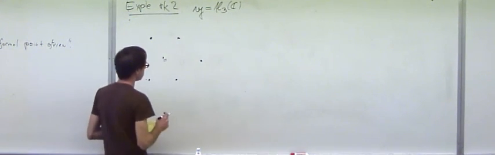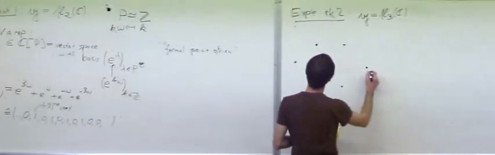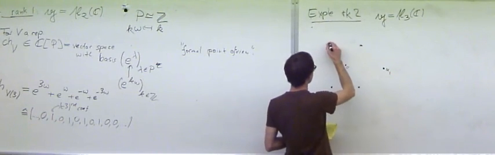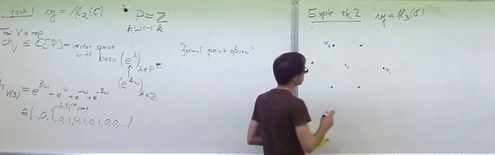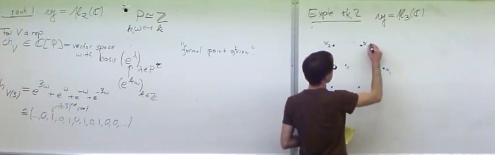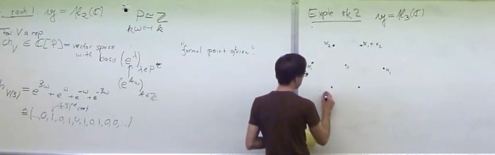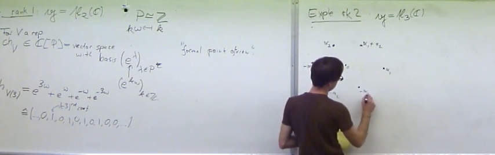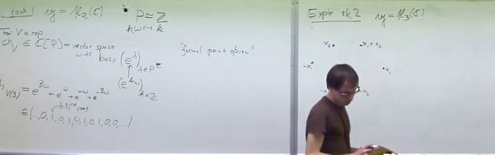Then, let's call the simple roots alpha 1, alpha 2. Then there's alpha 1 plus alpha 2, minus alpha 1, minus alpha 1 minus alpha 2, and minus alpha 2. So these were the roots.